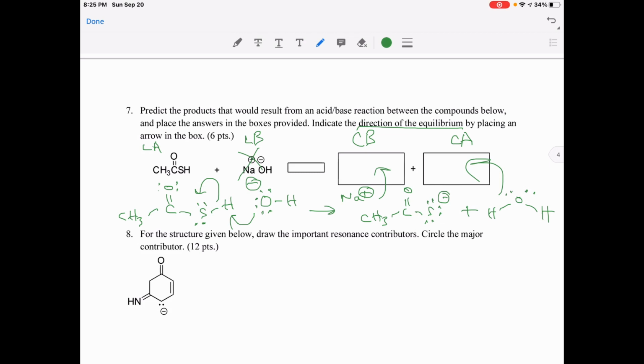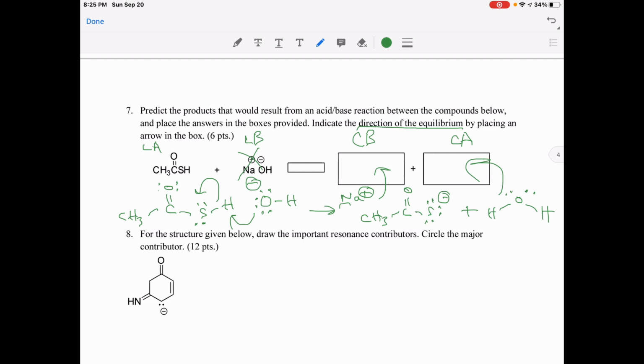We need to determine whether one of the acids is weaker or one of the bases is weaker, because once we determine that, we can determine whether their counterparts, the conjugate acid or the conjugate base, or the Lewis acid, Lewis base, are weaker or stronger. And I will explain what I mean when we continue.